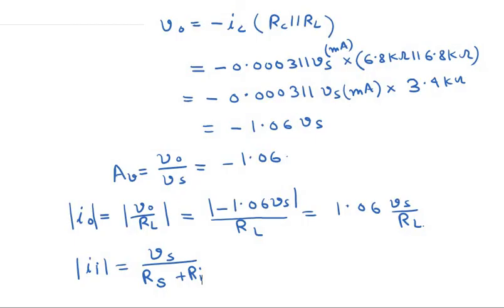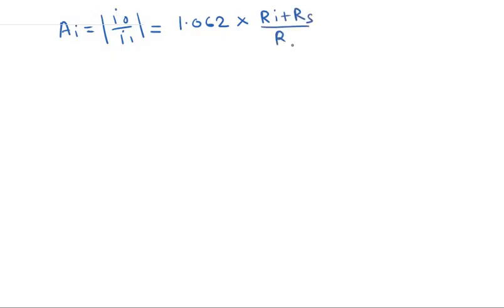So the current gain AI is I0 divided by II, which is 1.062 into Ri plus Rs divided by RL.